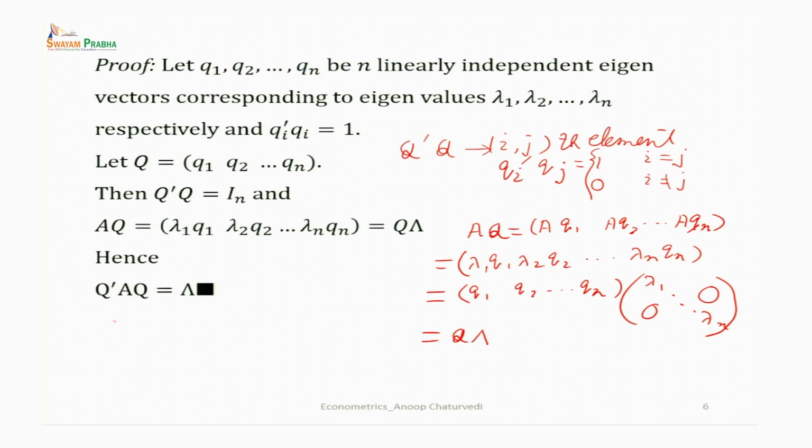Then Q transpose A Q is equal to Q transpose Q lambda, which is equal to lambda. So, you get this result.